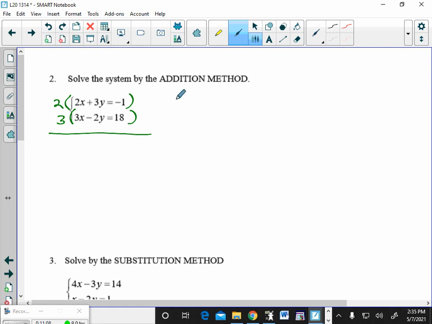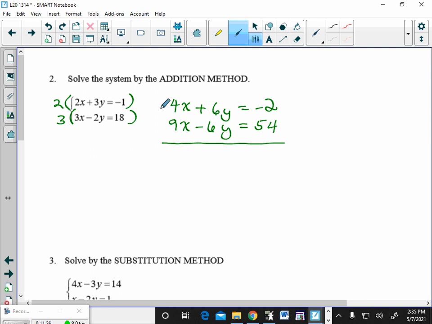Actually, I can come over to the right-hand side and do it. 4x plus 6y equals a -2. All I did there was multiply every term in the first equation by a 2. Let's do the same here for the second equation. 9x minus 6y equals 54. So I multiplied every term in that second equation by a 3.